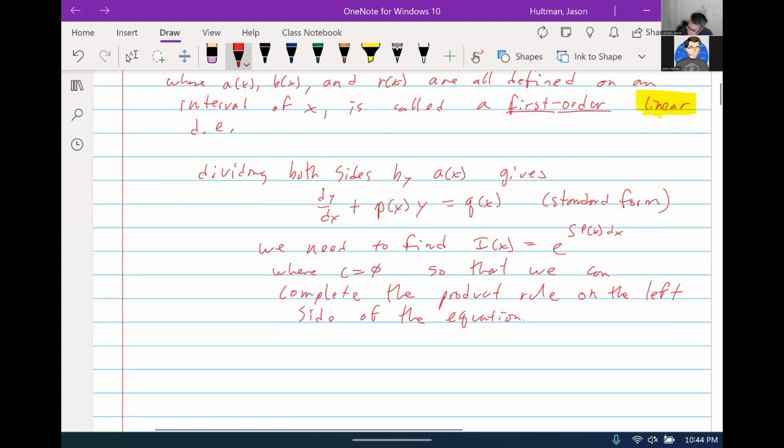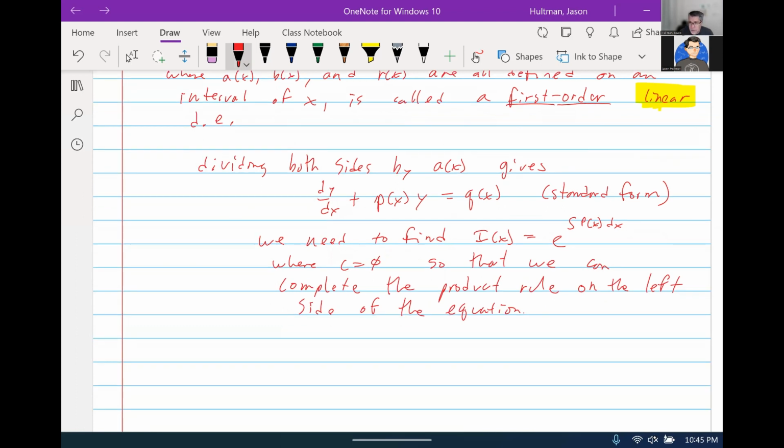So that e to the integral p of x is going to help us complete the product rule. We're going to get a product rule, and then we're going to be able to take the derivative of both sides, and it will work out nicely.